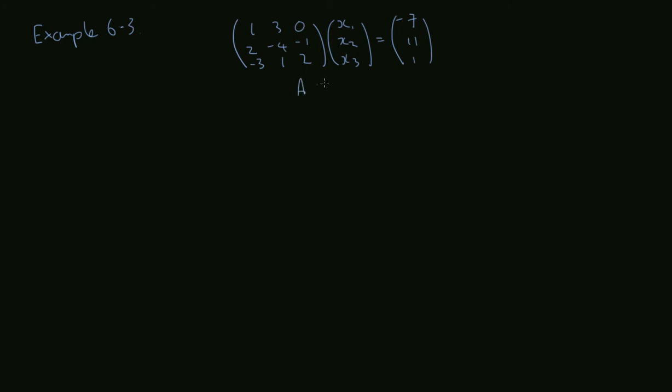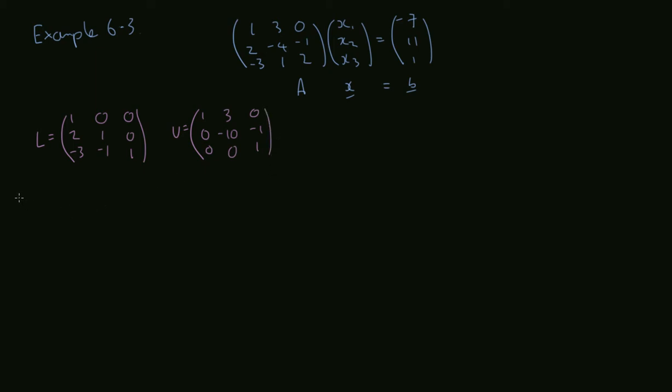So that's your A, that's your X, and that's your B. In a previous video we calculated the LU factorization. If you're unsure about that, or you haven't watched that video yet, I suggest you stop this video now and go and watch the video on LU factorization. So we have L, a lower triangular matrix, and U, our upper triangular matrix.